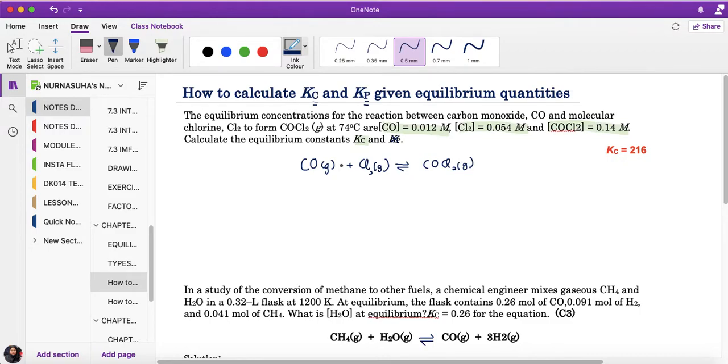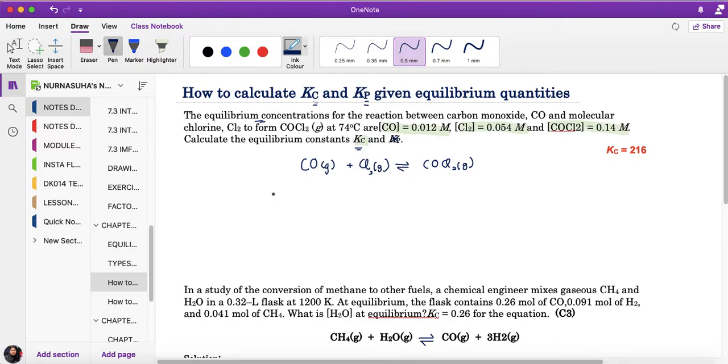Okay, calculate Kc. So dia nak cari Kc. So nilai yang dia bagi dekat awak ni adalah nilai equilibrium concentration. Maksudnya concentration tu adalah concentration pada apabila sistem sudah seimbang.